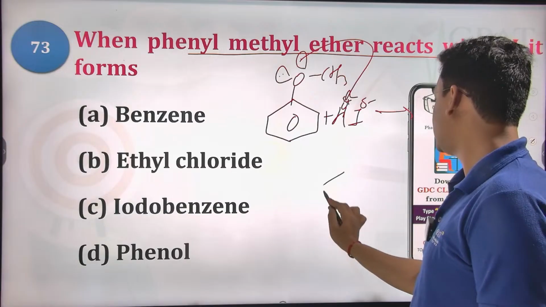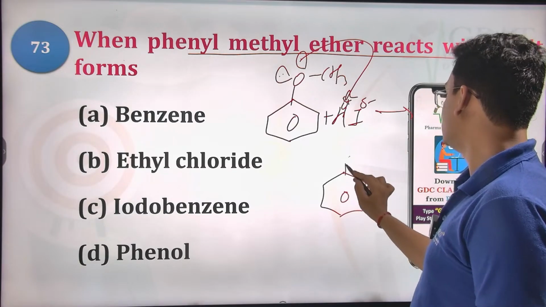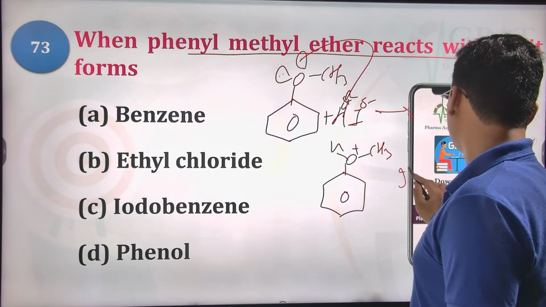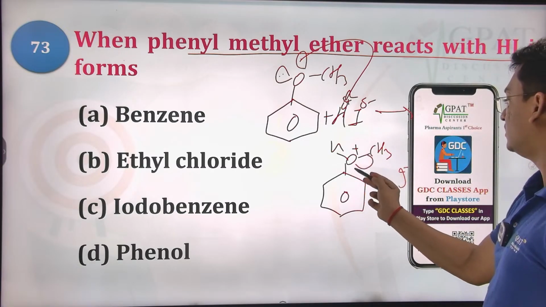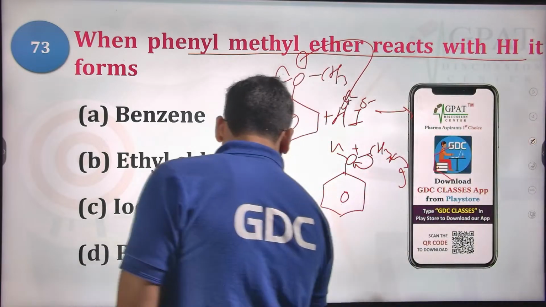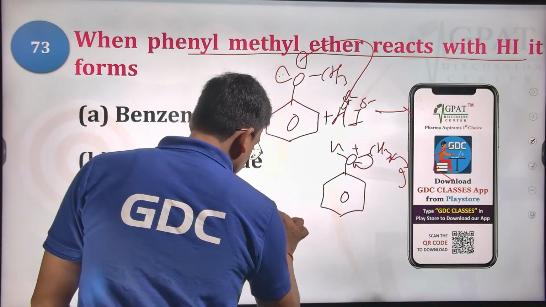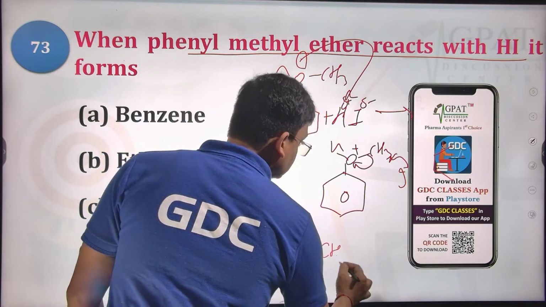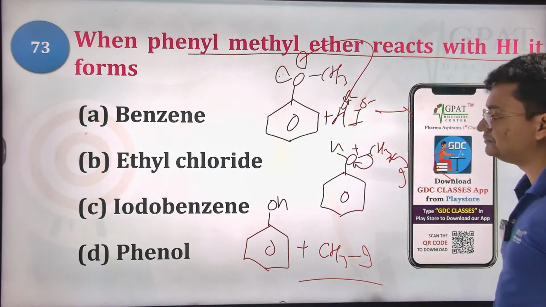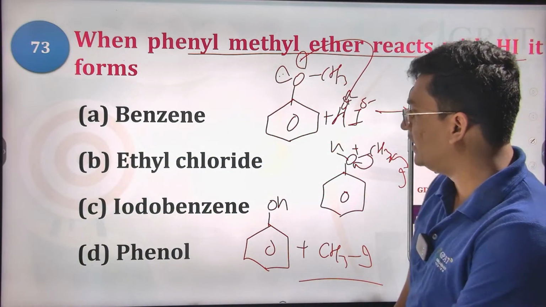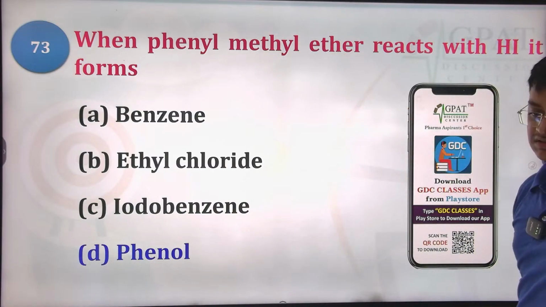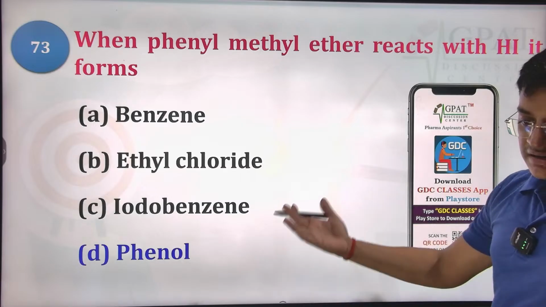The oxygen is protonated, CH3 becomes positive, and iodide attacks the CH3. We can see the formation of phenol plus CH3I, so we are having phenol and methyl iodide. There is no methyl iodide mentioned here, but yes, phenol is mentioned. So yes, D is the right answer. We will be getting phenol.